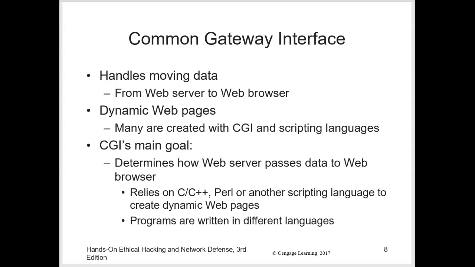So if CGI is implemented, then scripting language compiling may not be necessary, right? Which can be a goal. Notice that CGI is also written in various languages. It relies on C or C++ and Perl or other scripting languages that use dynamic web pages, right?